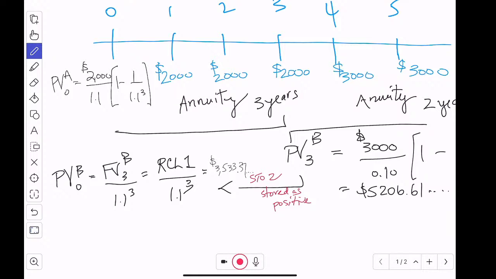And that's it. So let's put that in the calculator. N is 3, interest is 10, PV is what I want, payment is 2,000, FV is 0, compute PV.